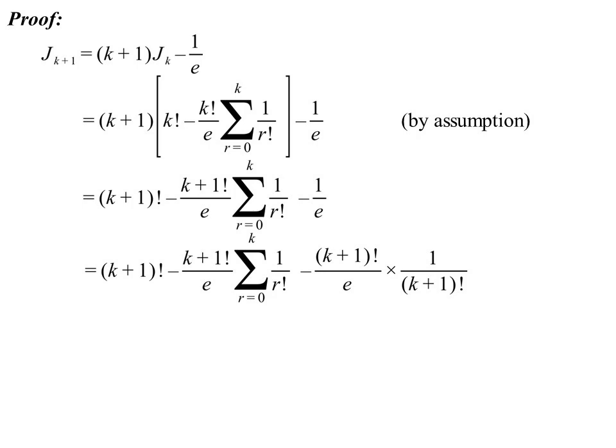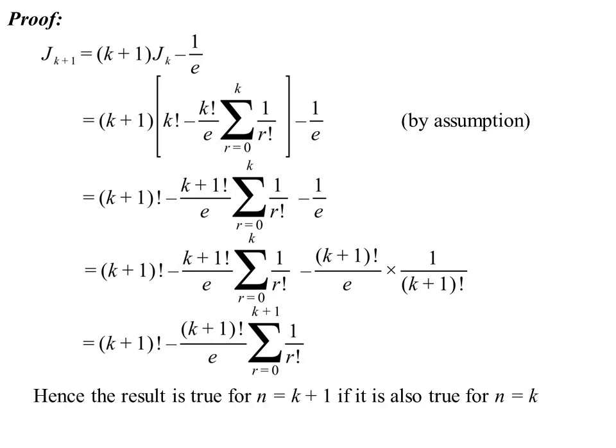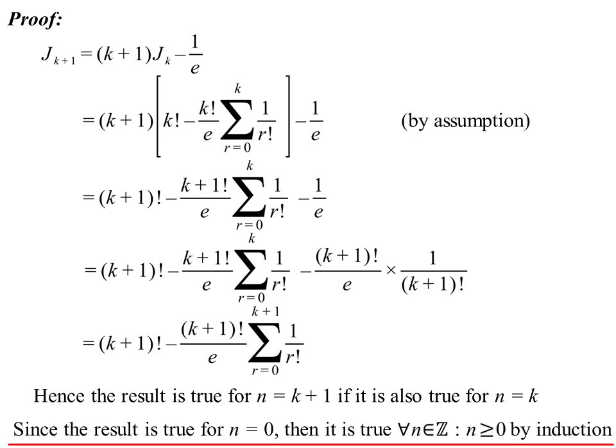But now that both of these two terms have a common factor of k plus 1 factorial on e, I can now pull the 1 on k plus 1 factorial into the sum. It would simply be the next term, because it's 1 on r factorial when r is k plus 1. So I get the sum that they're looking for. So hence it's true for k plus 1 if it's true for k, by induction.